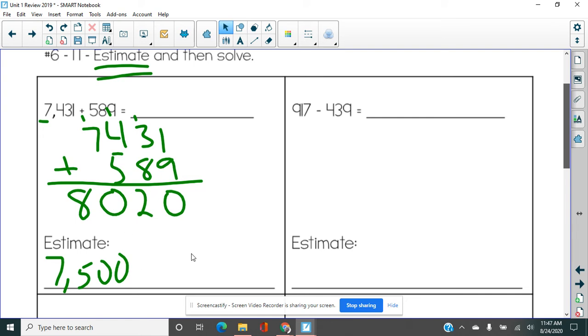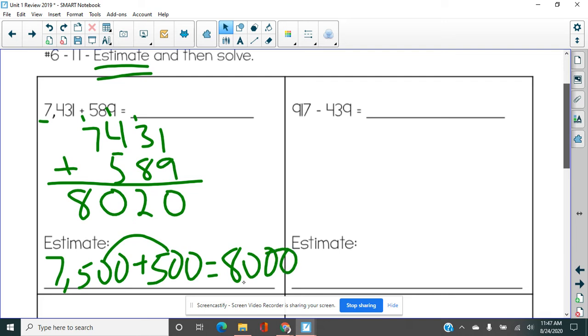I could do 600, but I'm going to do 500 because it works pretty well with what I have so far because these two make 1,000. So my answer I'm expecting to be around 8,000. And now you can see that I did this in the wrong order. Let's see if I can remember to do it in the right order on the next one. Estimate 917. That's closer to 900.